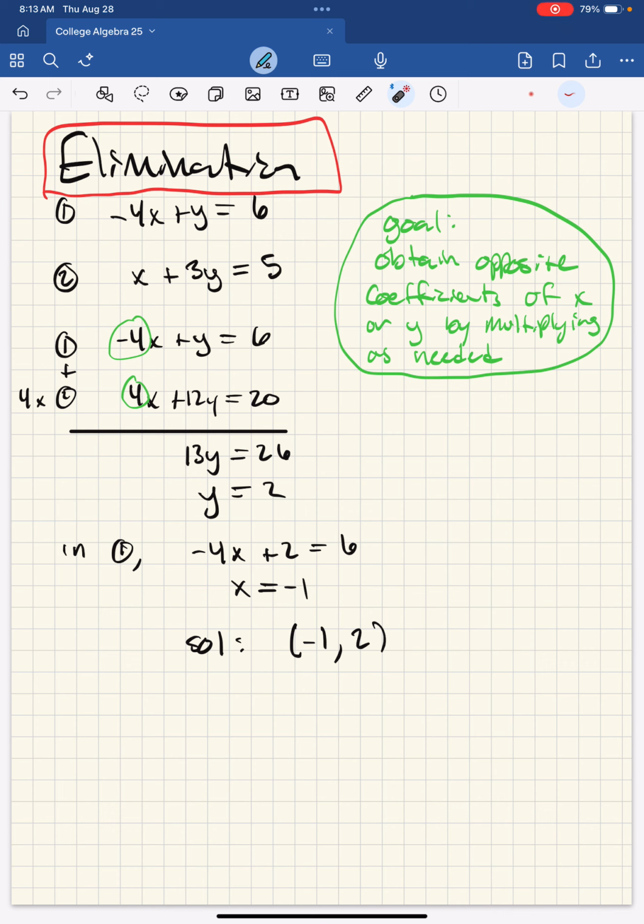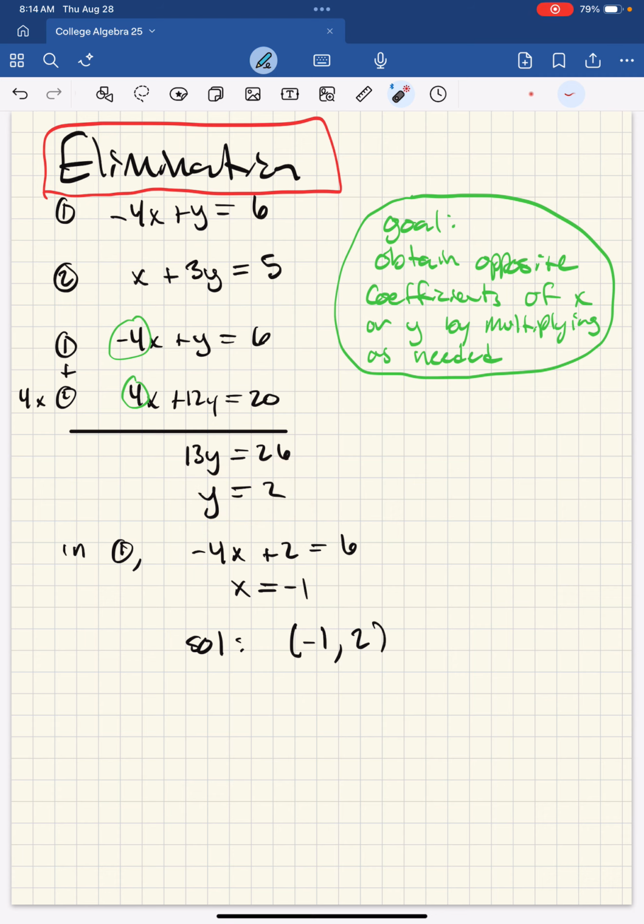Now, once you've got opposite coefficients obtained by multiplying one of those equations, then you add those lines together, and the variable that you have opposite coefficients for will end up being 0. So now I've got 0x plus 13y equals 26. We can solve 13y equals 26 as we normally would. Divide by 13, we get y equals 2.